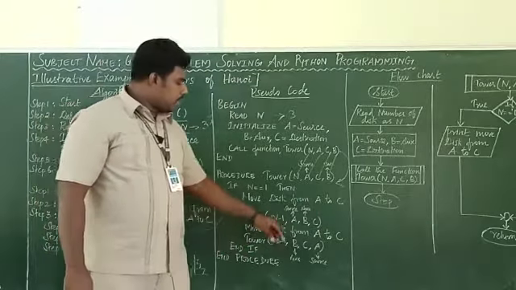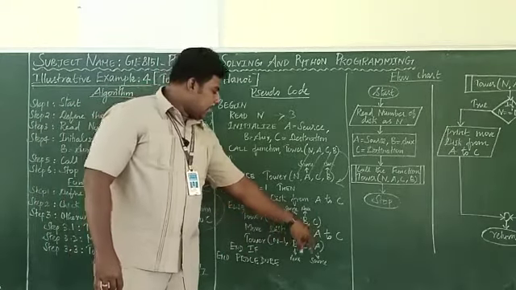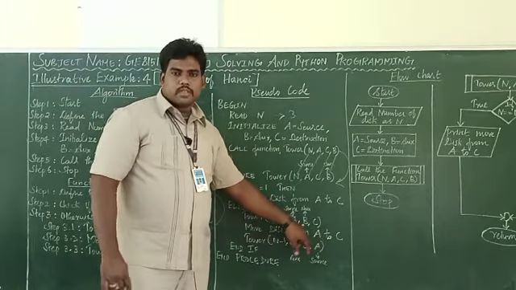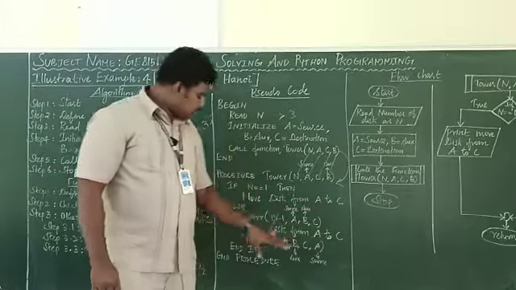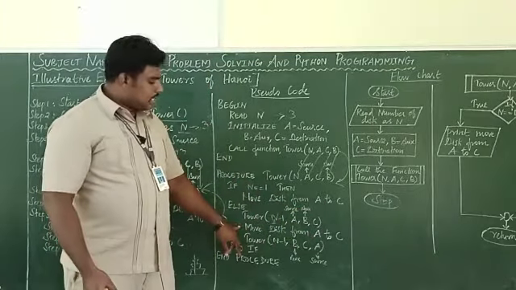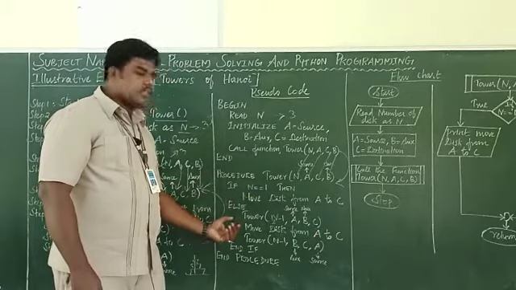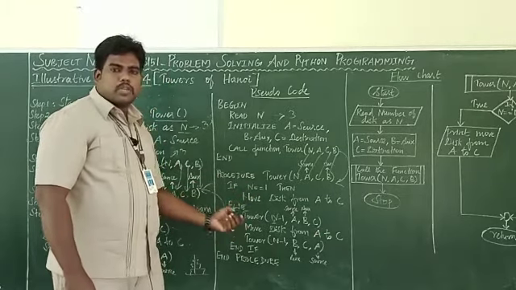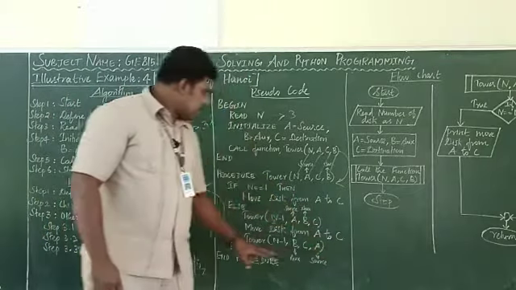Otherwise, n minus 1, 2 disks we have to take from the source and put into the auxiliary. With the help of this C, we can adjust and put. After completing this, only one disk will be present in the first pole, A pole. We can move it to C, source to destination.